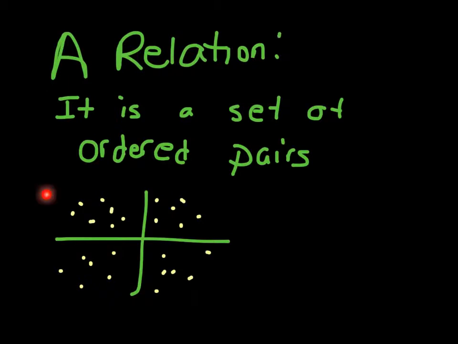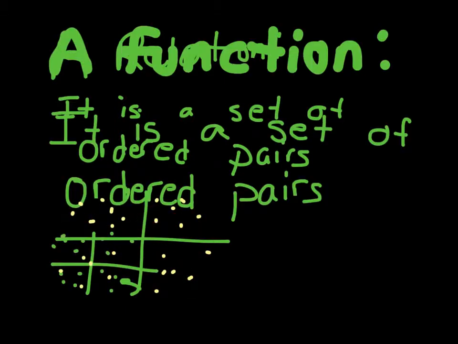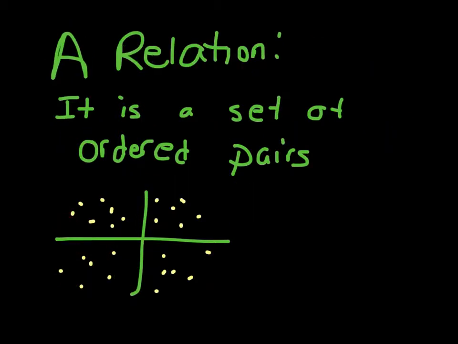These are all relations. This right here is a relation because it is an ordered pair. All of these, every one of them, are ordered pairs. They don't describe anything about the graph we're drawing, but it tells us that any point here is an ordered pair.